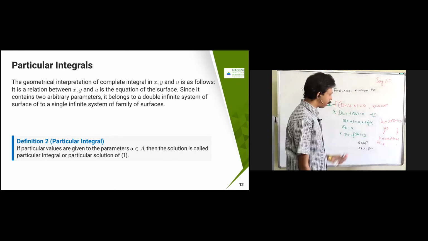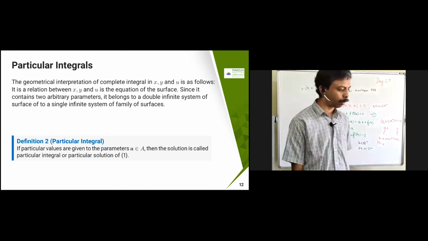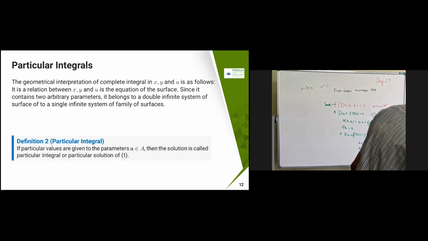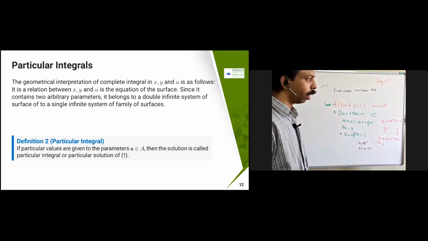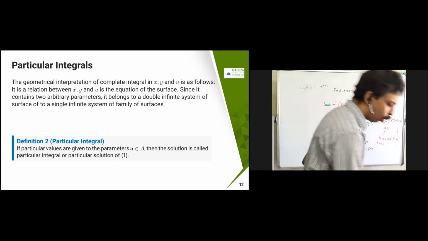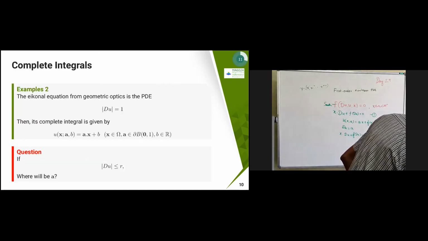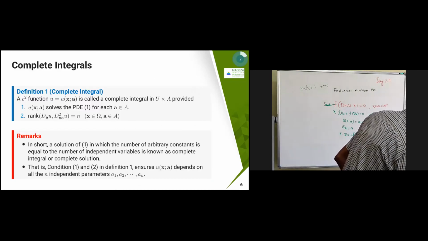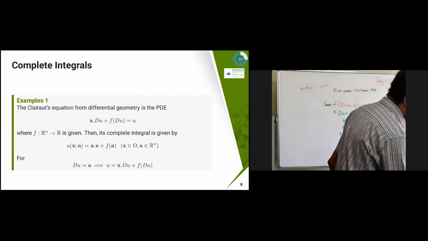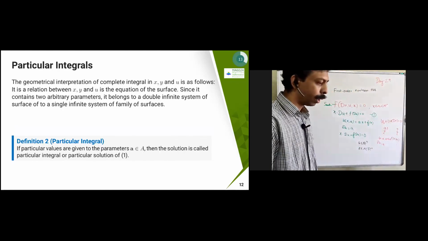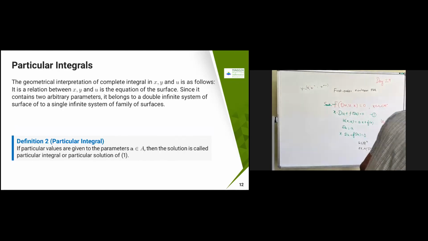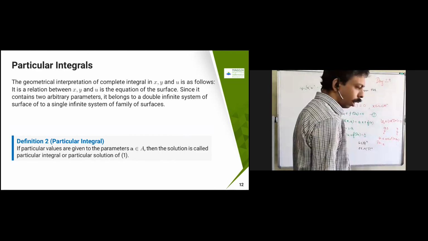Now from this one, we are trying to find one more thing: we have a geometrical interpretation for the complete integral. I will explain it in the envelope method.